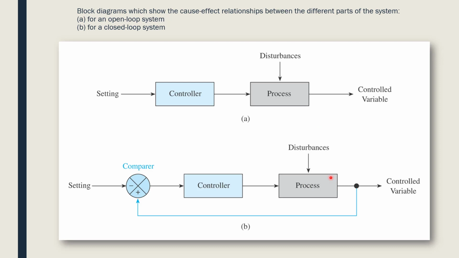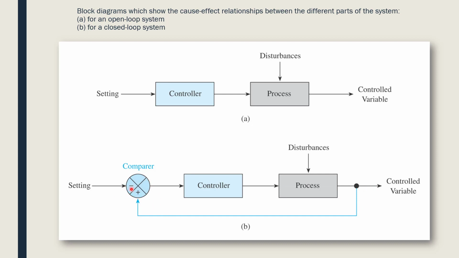Here's a block diagram showing open loop versus closed loop. In an open loop, you've got your setting where you want the process variable to be. You have your controller, you have the process, you have your disturbances, and then you've got what that actual variable is. With a closed loop setting, you set your set point and you measure that variable and you compare.